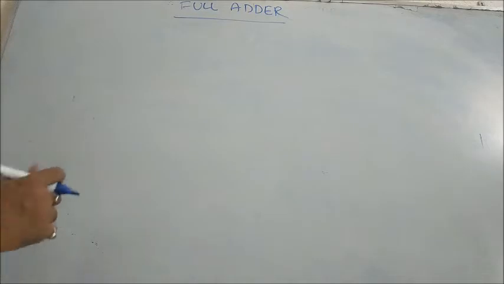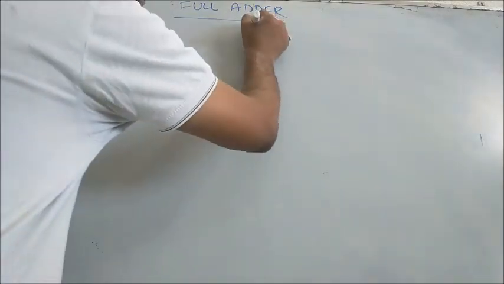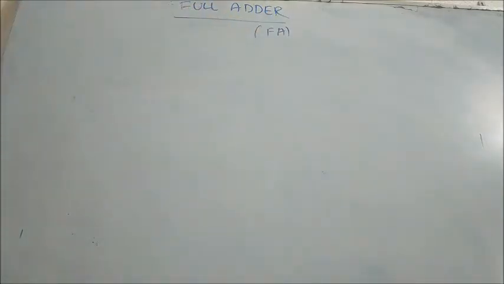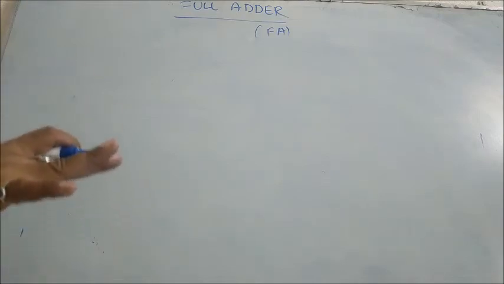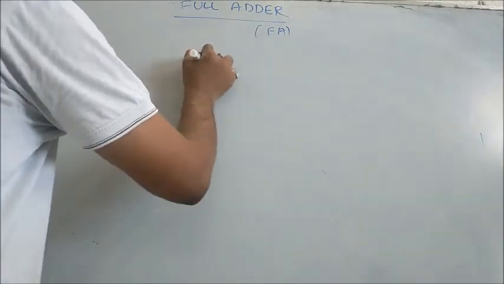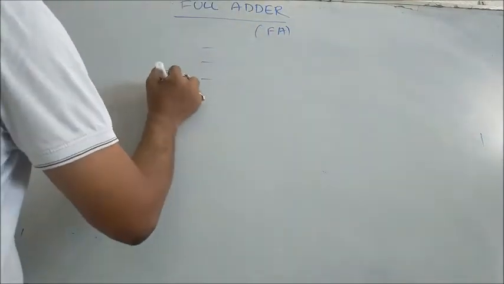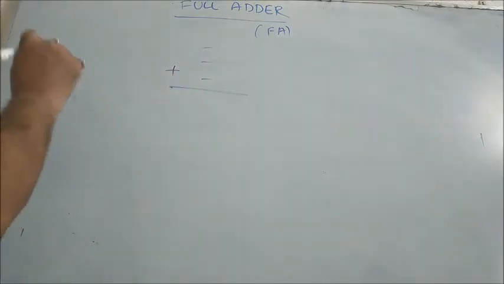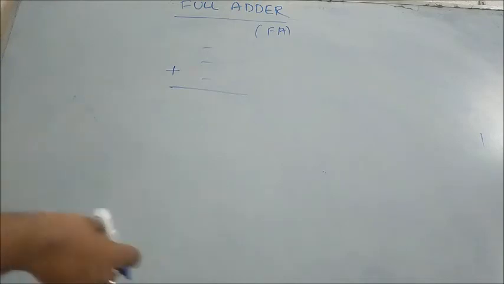So let's start with full adder. Full adder is also known as FA, which is used to perform binary addition for more than 2 bits. Half adder is restricted to calculating the binary addition of only 2 bits. But whenever you want to perform the addition of more than 2 bits, say for example, this is the first bit, this is the second bit and this is the third bit, and you want to perform the addition operation, you won't be satisfied with half adder.